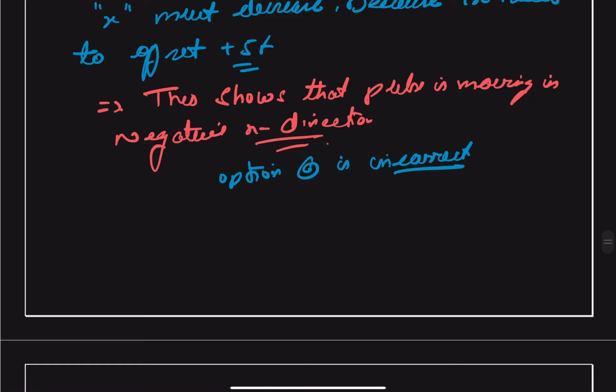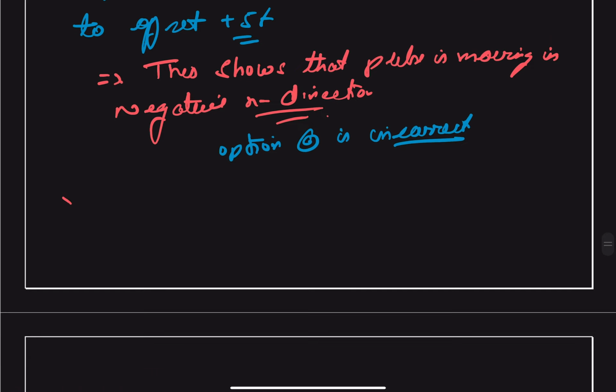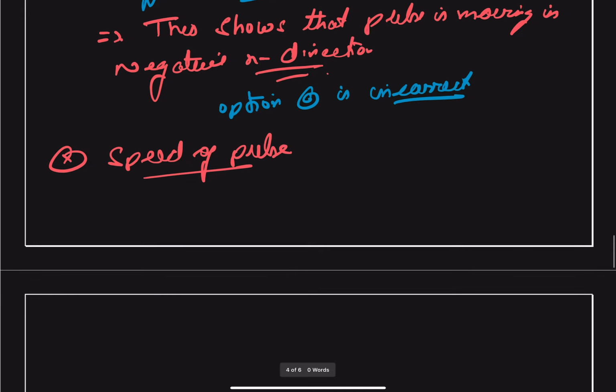For the speed of the pulse, we once again consider the denominator, that is, 4x plus 5t is constant.